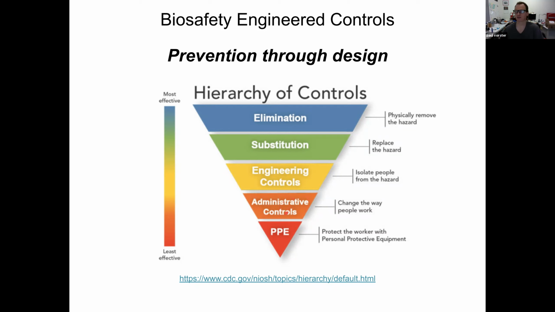These are sort of like your operating procedures, okay? Things like training, for example, like tie your hair when there's an open flame, or just the way you go about working with a dangerous substance in order to make sure that it's a bit safer. And then the least effective is just PPE, personal protective equipment, okay?